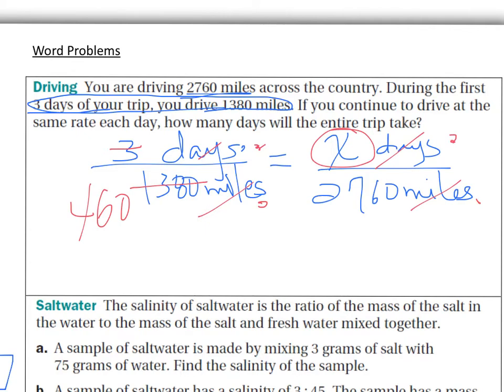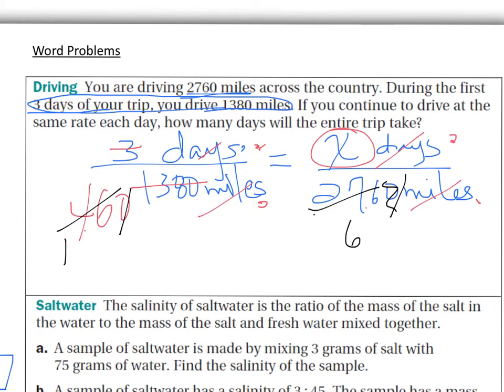And then I see that I can simplify 460 with 2,760. I use a different color. I'm going to cross out the 0. And yeah, it comes out nicely. 46 divided by 46 is 1. 276 divided by 46 is 6.